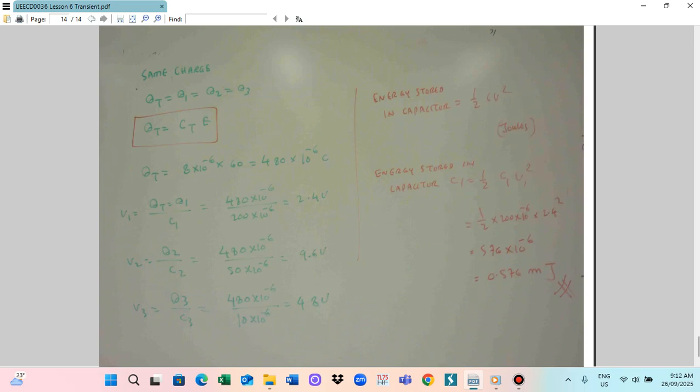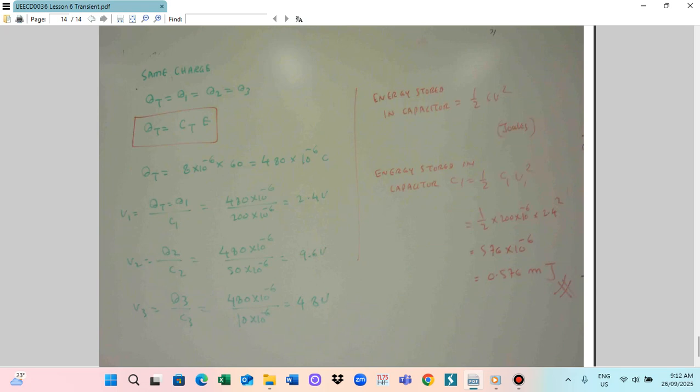So in this problem, you also calculate the energy stored in capacitor C1. So this is half into C1 into V square.